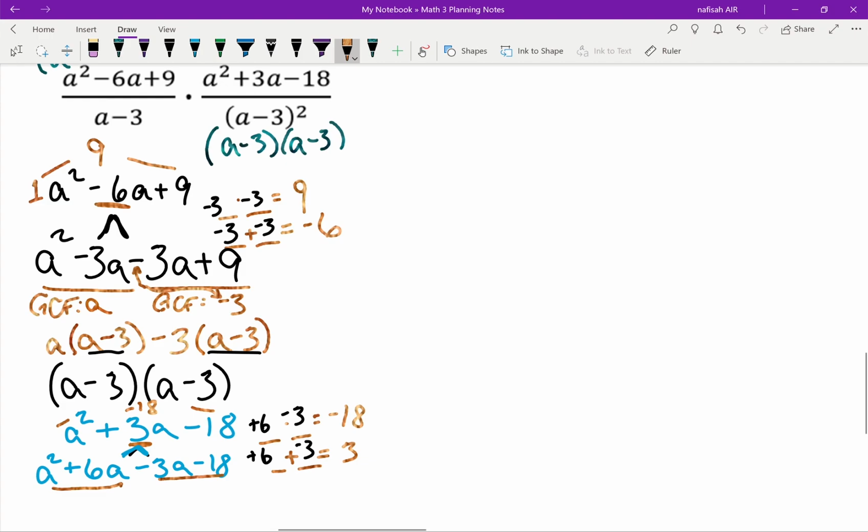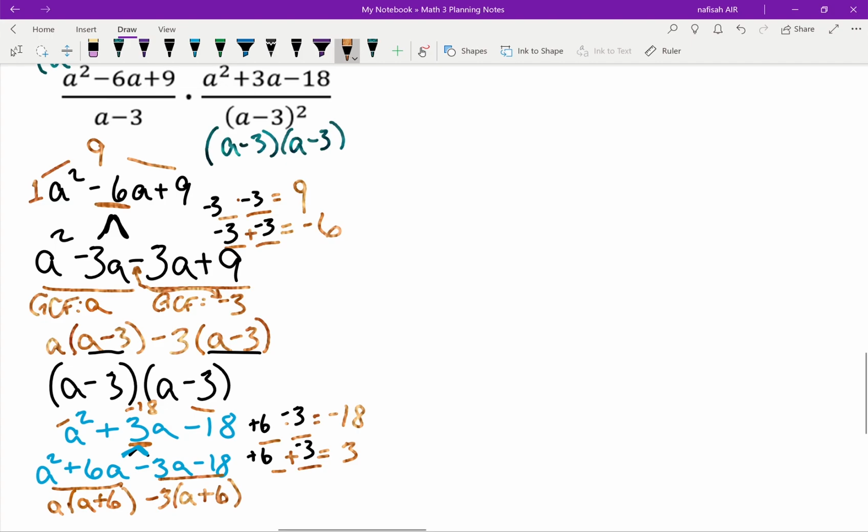They'll turn into a, and then I'll have an a plus 6 right here. This GCF, I have a negative 3 in both of them. That'll turn into an a plus 6, because negative 18 divided by negative 3 is positive 6.